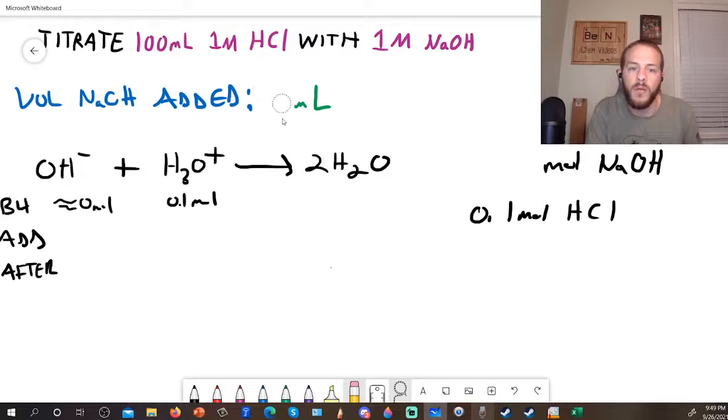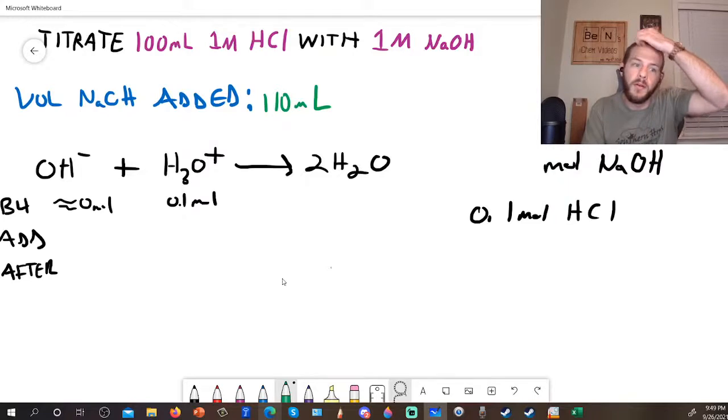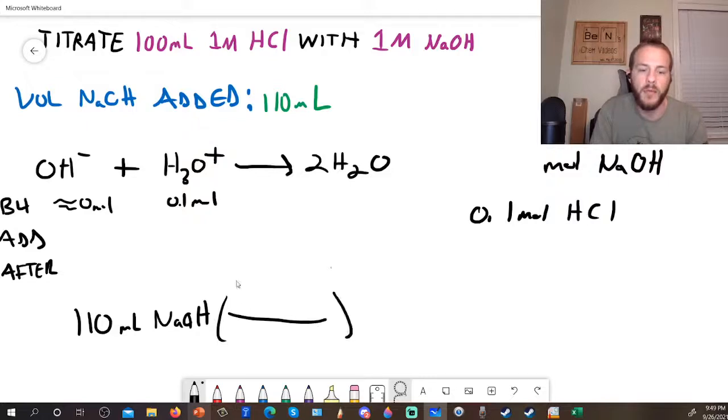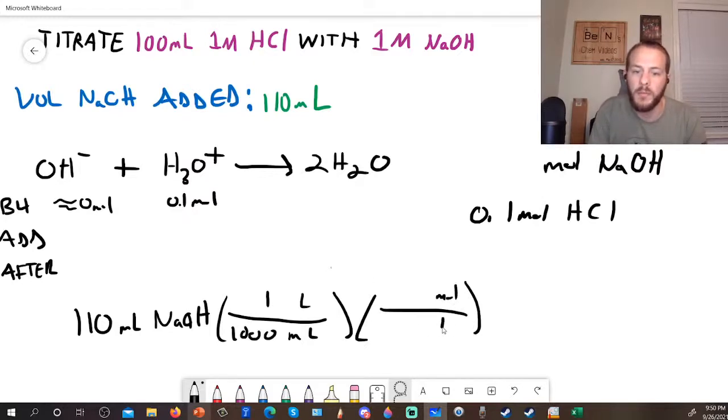Now we're doing 110 milliliters of sodium hydroxide. We're going to convert that into liters, with liters on the top and liters on the bottom, 1,000 milliliters in a liter. And then it's a 1 molar solution, so we end up getting moles on the top, liters on the bottom, 1 mole per liter.